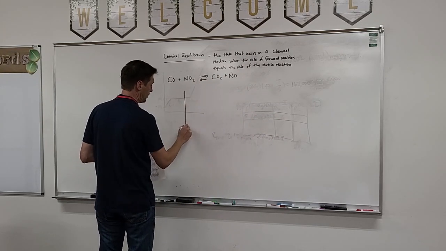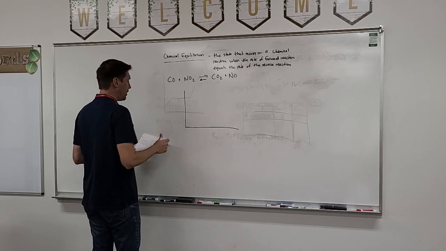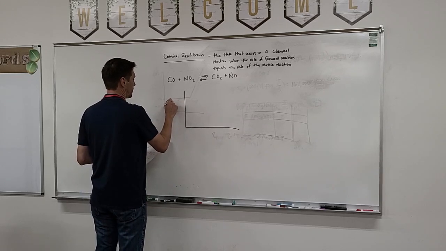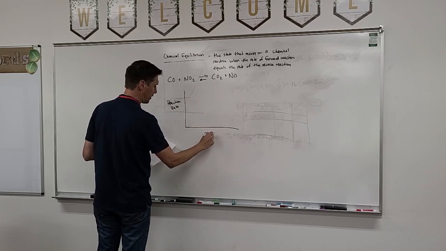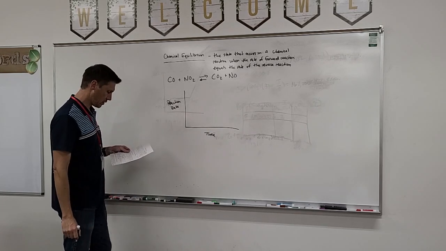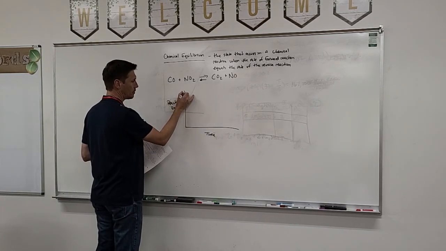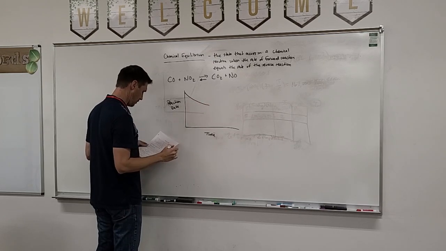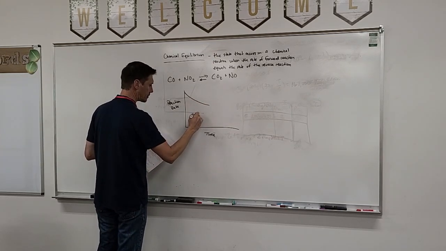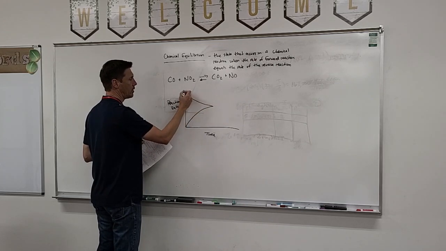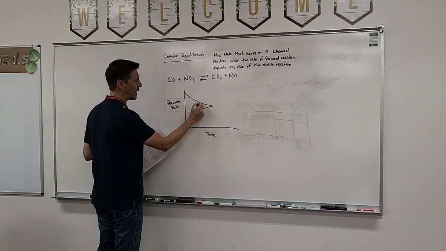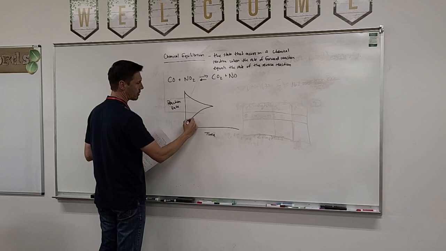Right, so if we were to graph that, we put our reaction rate over here on the y-axis, and this is time down here on our x-axis. When this thing first starts, we've only got reactants at the top, and we have a curve that looks like that. They begin to react, but as it makes products, then the products start to react.